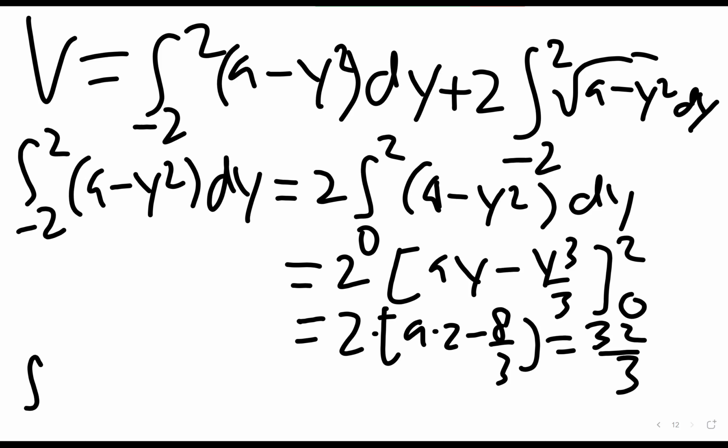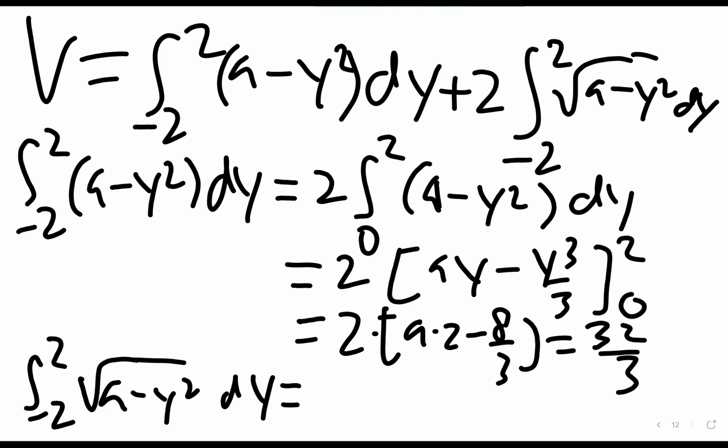And then the second integral will be from -2 to 2 of the square root of 4 minus y squared dy. It's just the area of the semicircle of radius 2. So that will be pi times 2 squared over 2, and this becomes 2 pi, right?